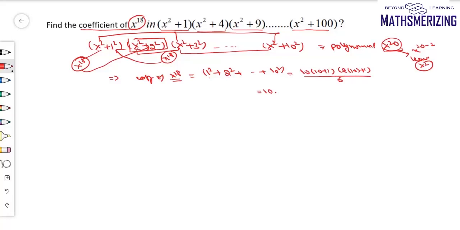So it'll be 10 into 11 into 21 divided by 6, which is 2 into 3. So that should be 35 into 11, so 385. So the coefficient of x to the power 18 in this case will be 385.